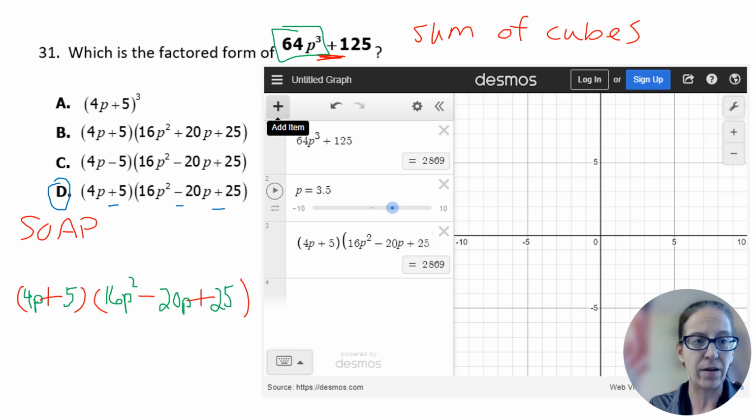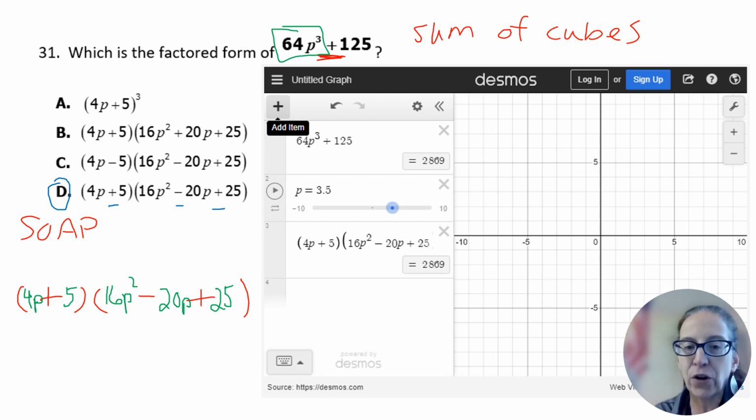P squared, plus 20p plus 25. And you can see that the numbers are not the same. Okay, so therefore, and that's much clearer than the graph was.